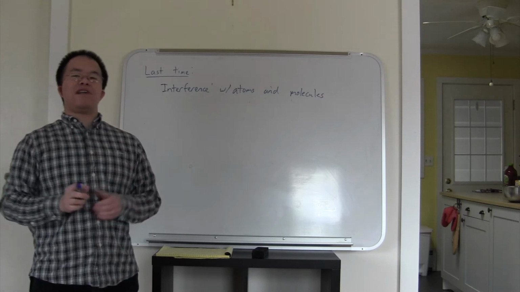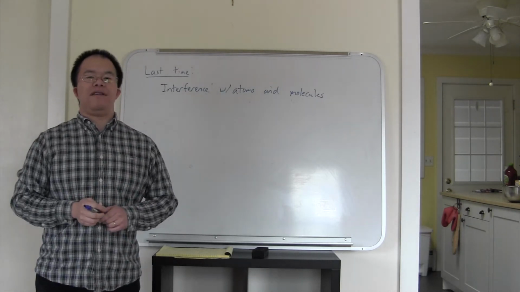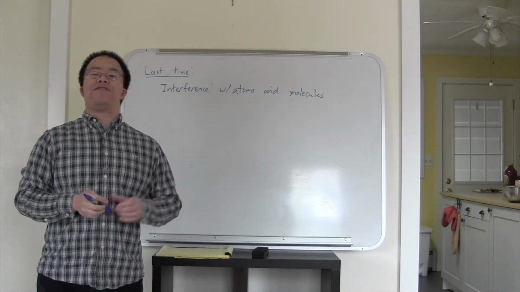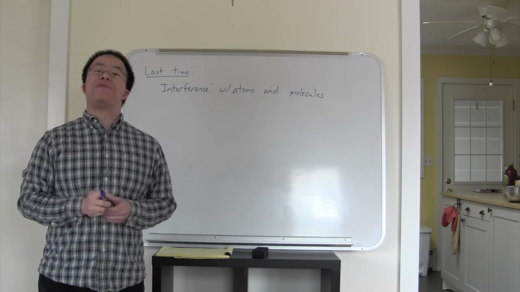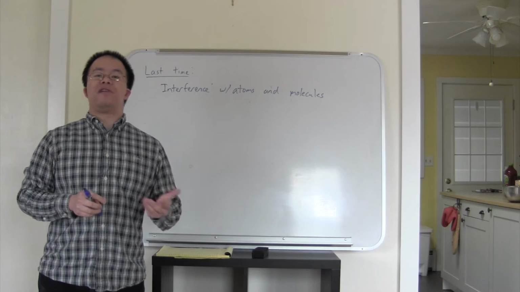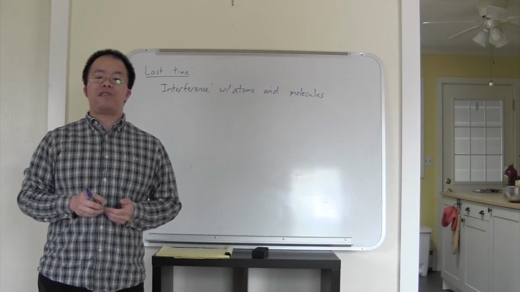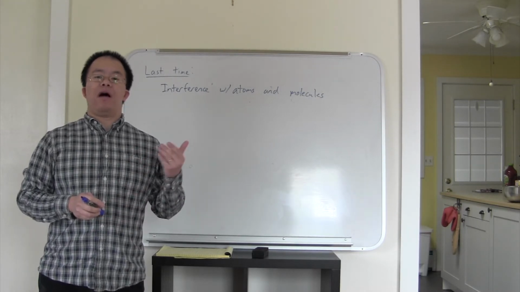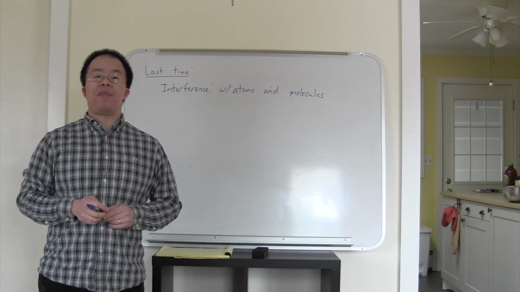And in a few minutes I'm going to actually cut to a PhET simulation of this very type of experiment. I know not all of you necessarily have access to PhETs right now. We're trying to see what we can do about that.